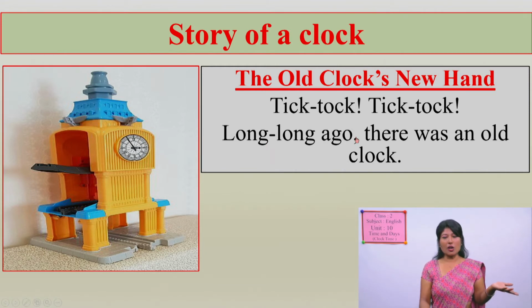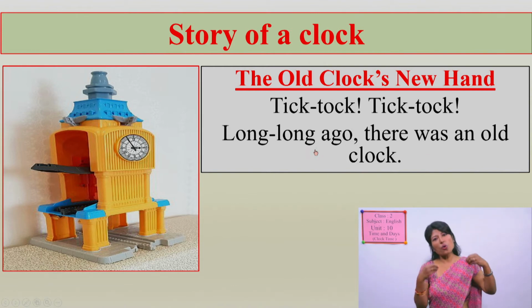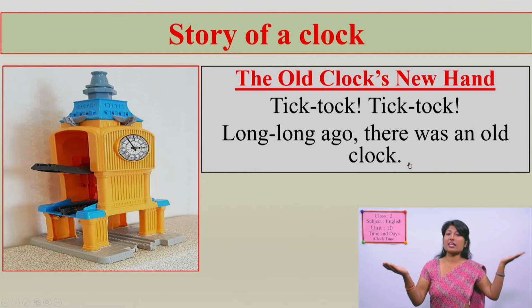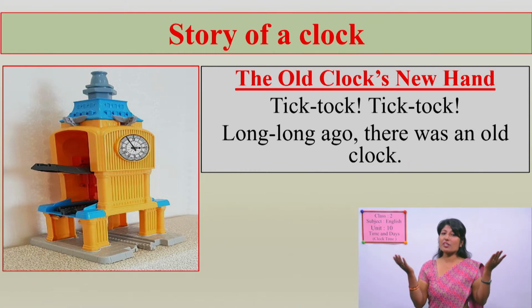Long, long ago, there was an old clock. There was an old clock, not a new one, an old one. Then what happened with that clock? Any guess? Okay, let's read and find out.